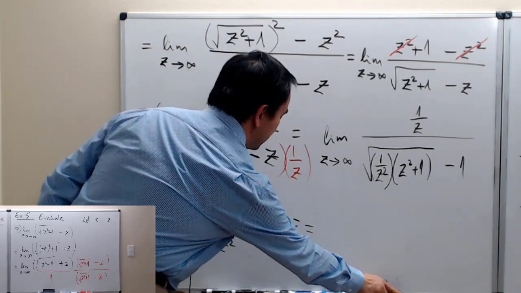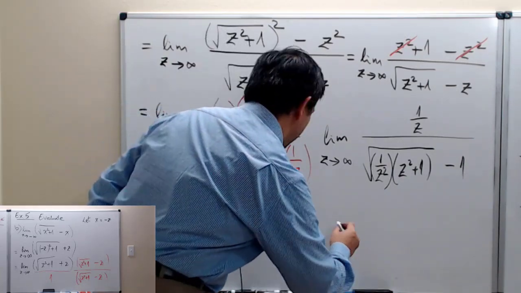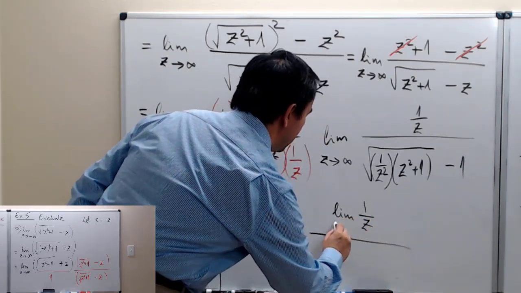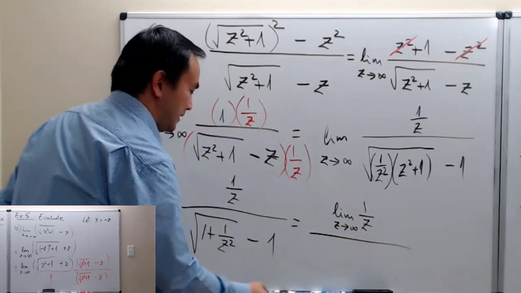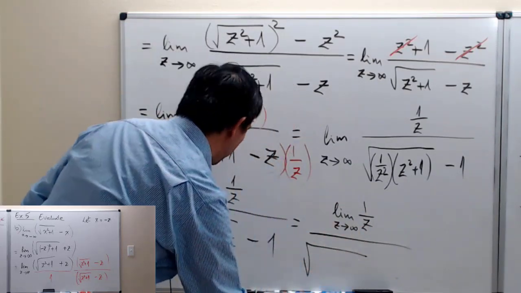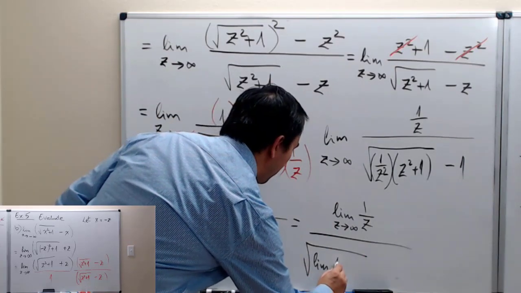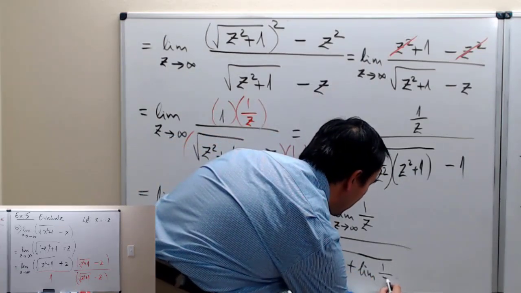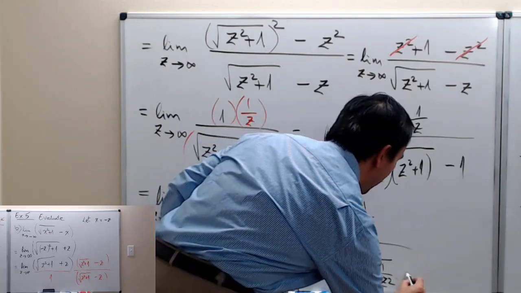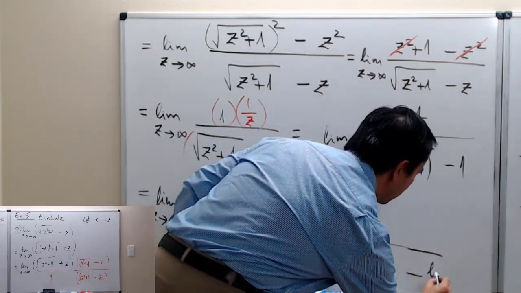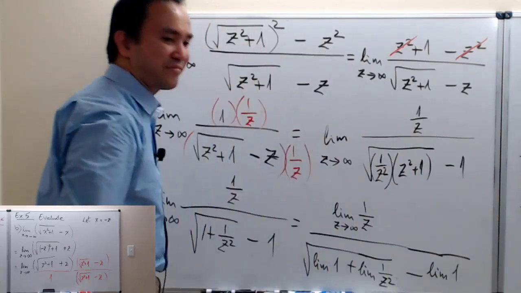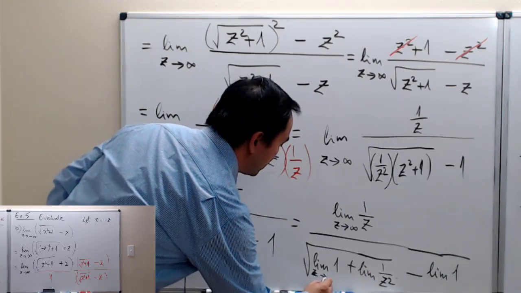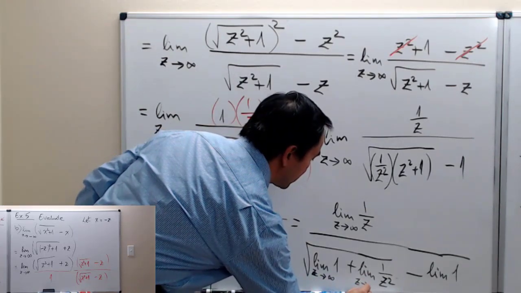We can now say this limit can be the limit of 1 over z, letting z go to positive infinity. In the denominator, we're going to end up with the square root of the limit of 1 plus the limit of 1 over z squared, minus, outside of the square root, the limit of 1 again. All of these limit operations are as z goes to positive infinity.